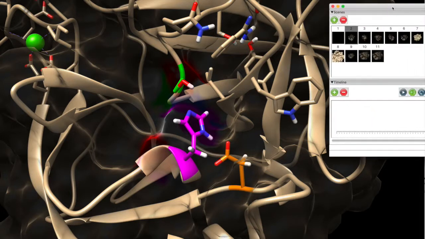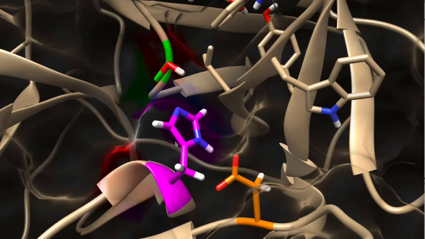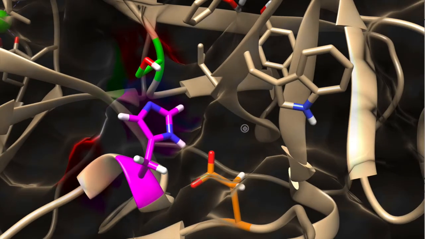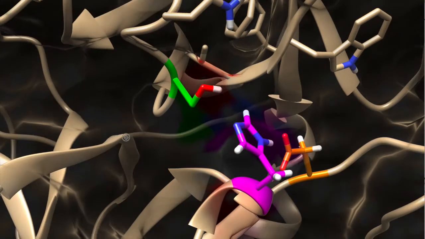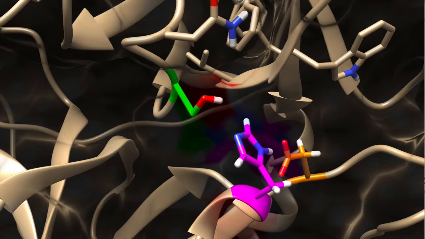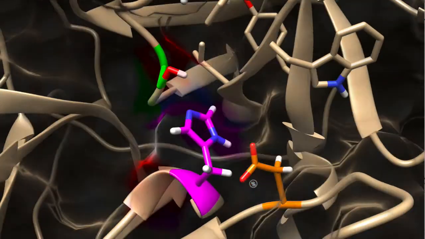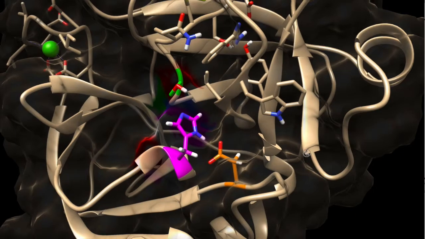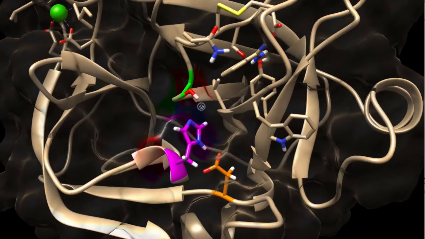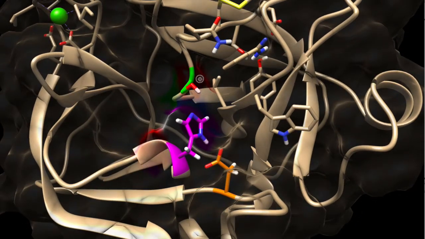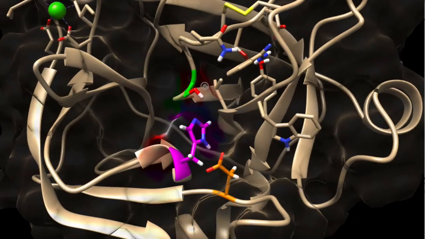I will create another scene like that. I will make it scene like that. I would like to see scene like that. And then what I would like to show is how benzamidine binds to the enzyme.